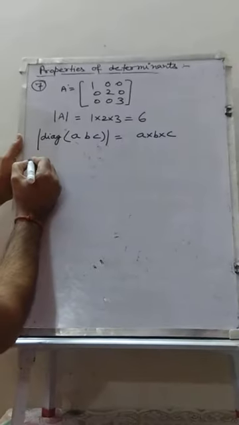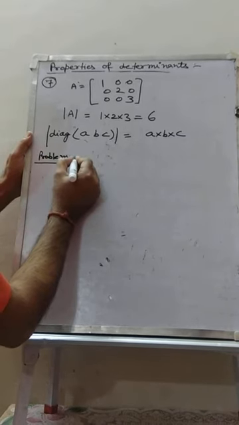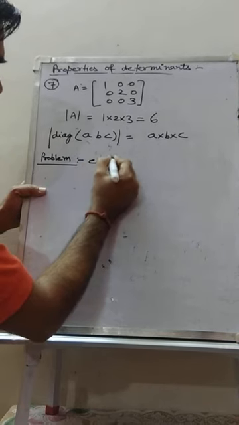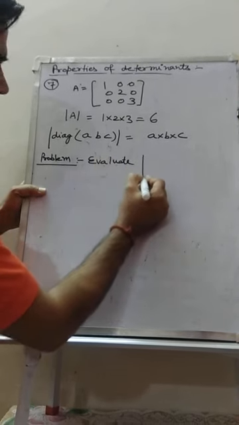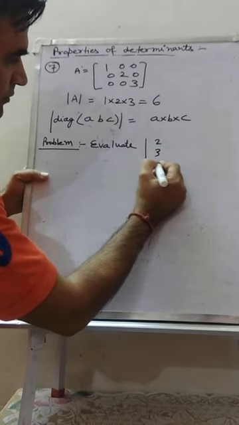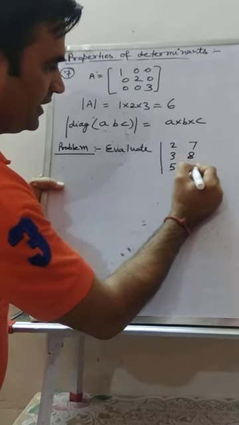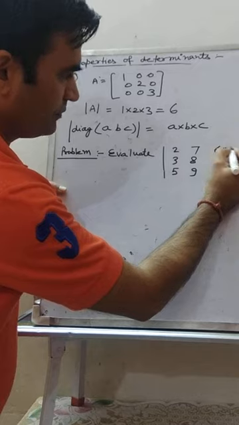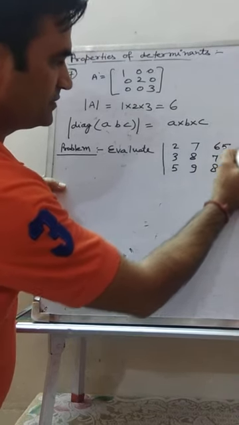Let me take a problem. Evaluate the determinant 2, 3, 5, 7, 8, 9, 65, 75 and 86.